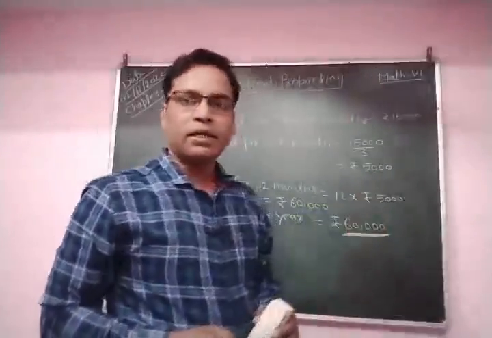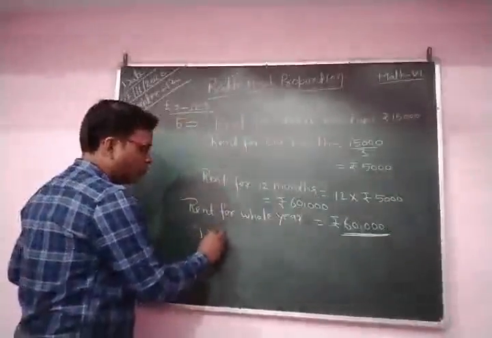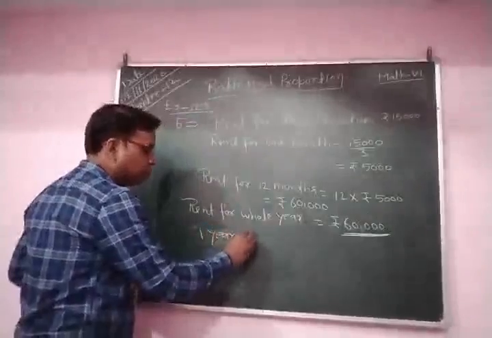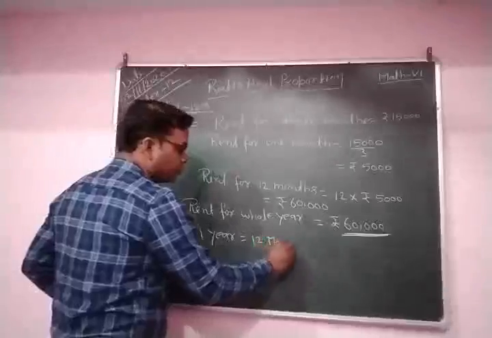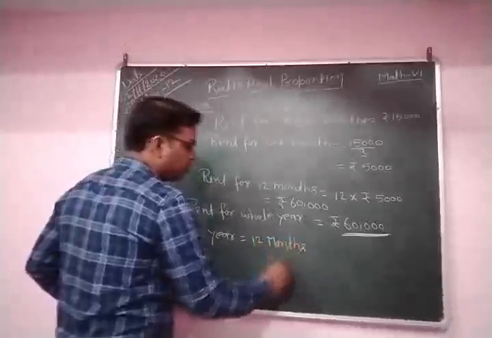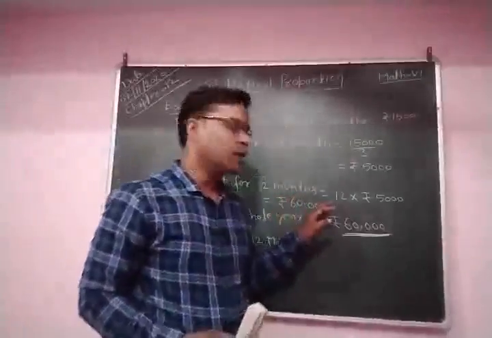Now, 1 year is equal to how many months? 12 months. 1 year is equal to 12 months. So first we find rent for 12 months.